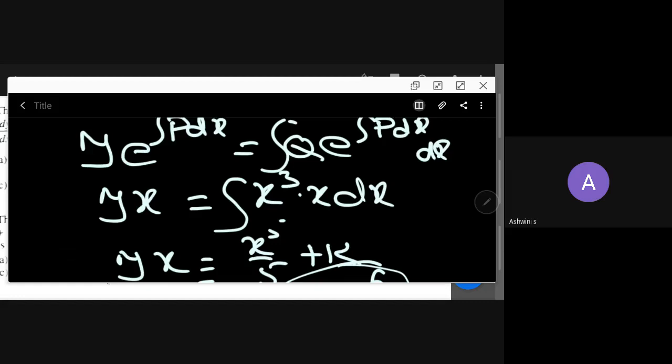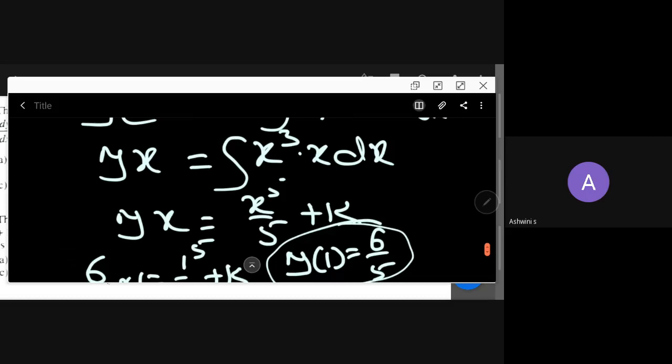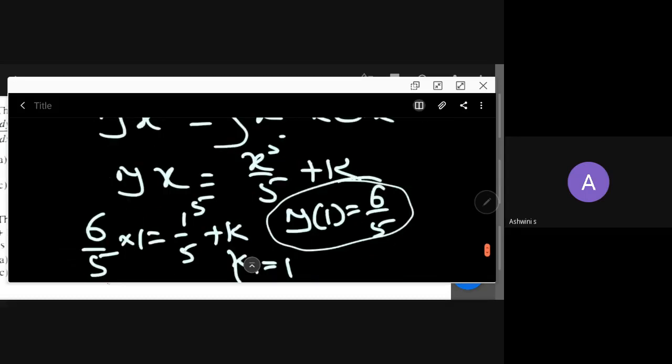So x power 4, the integral is x power 5 by 5 plus k. That's right. So 6 by 5 into 1, because y of 1 is 6 by 5, is equal to 1 by 5 plus k. So 6 by 5 minus 1 by 5, it is 5 by 5, k is 1.